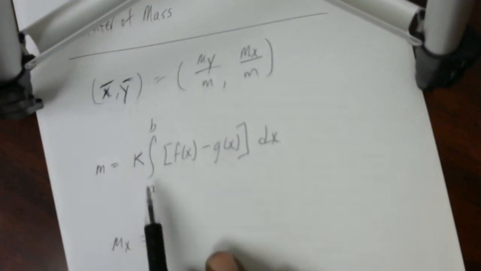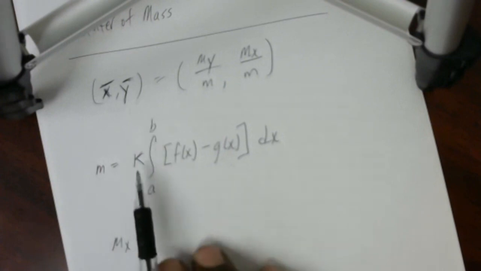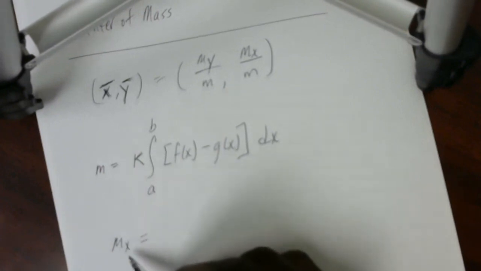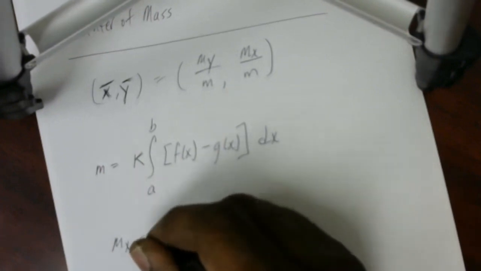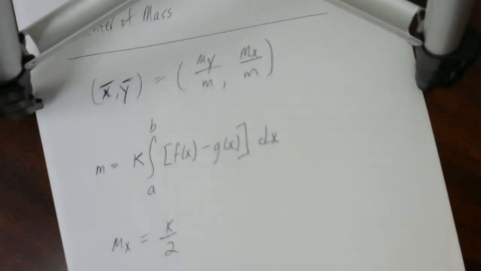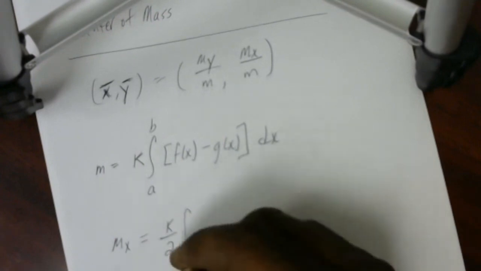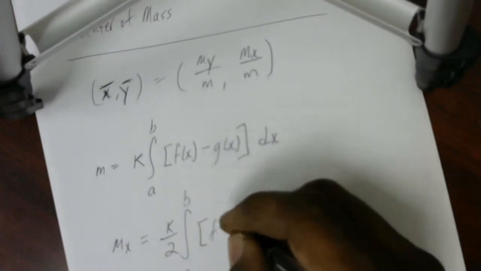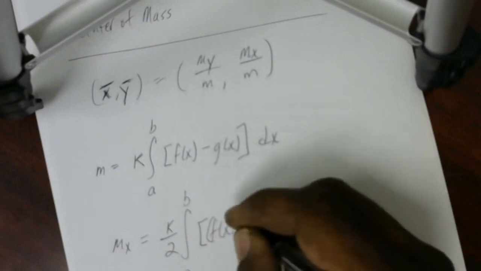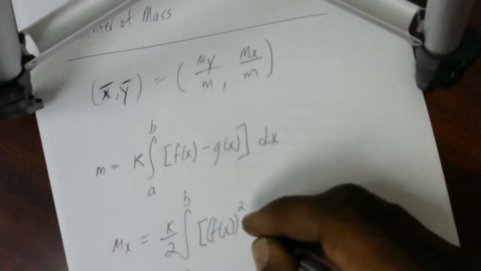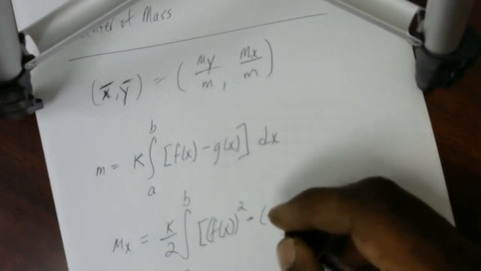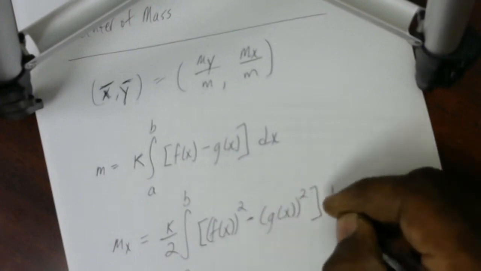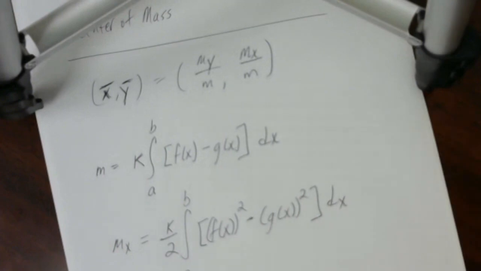You may or may not have to find the limits of integration, but you must attach K. The moment about X is equal to K divided by 2 times the integral from A to B of f of x squared minus g of x squared dx.